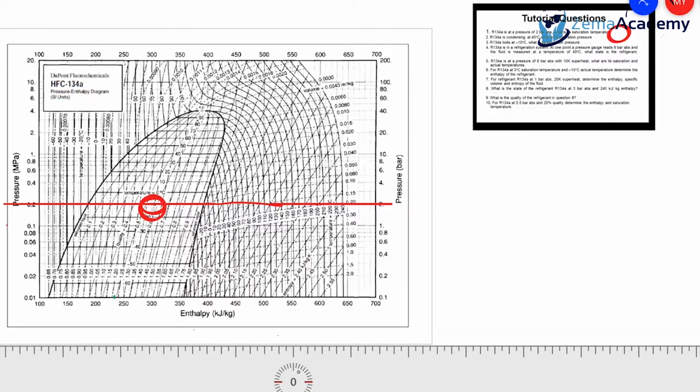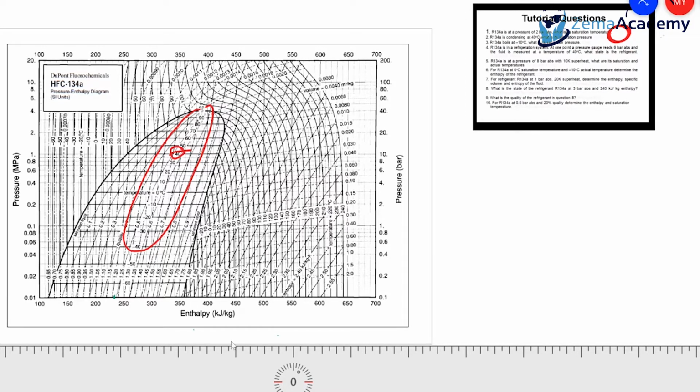Again, we have the same refrigerant, R134A, and it is condensing at 40 degrees C. What is its saturation pressure? At 40 degrees C, we have to find where 40 is. If you look at these temperatures, where is 40? 40 is somewhere here, right?